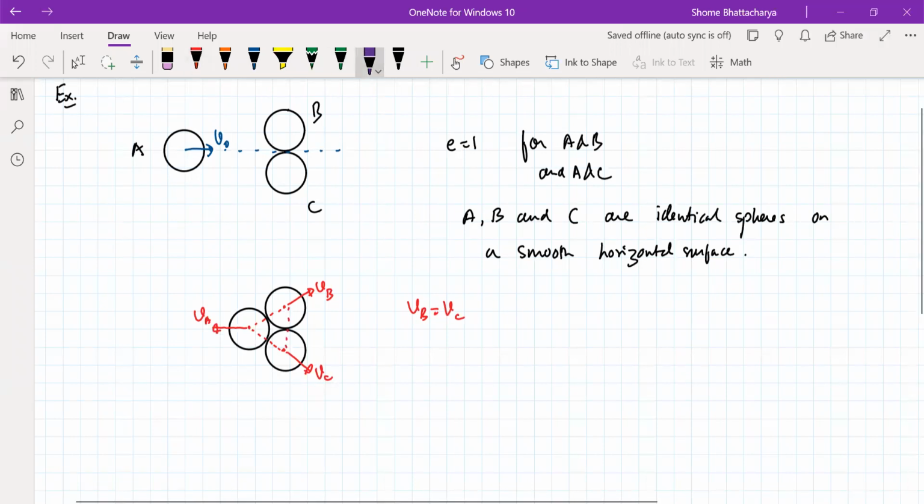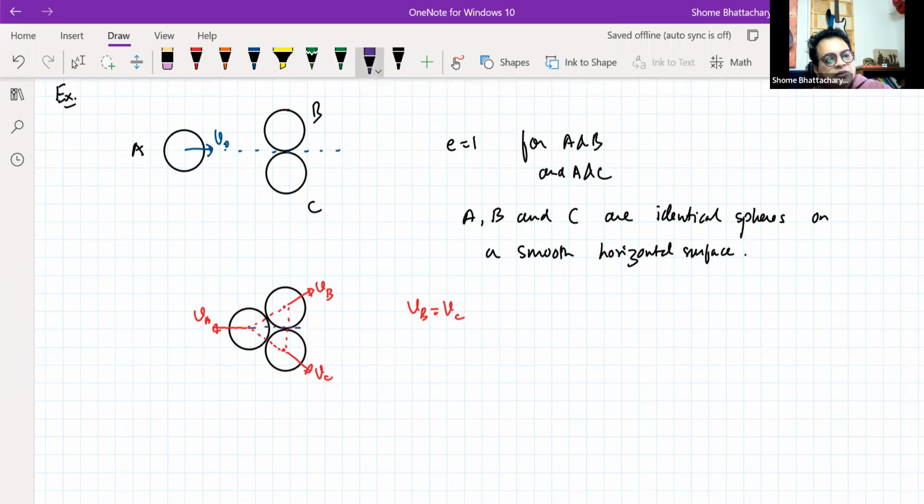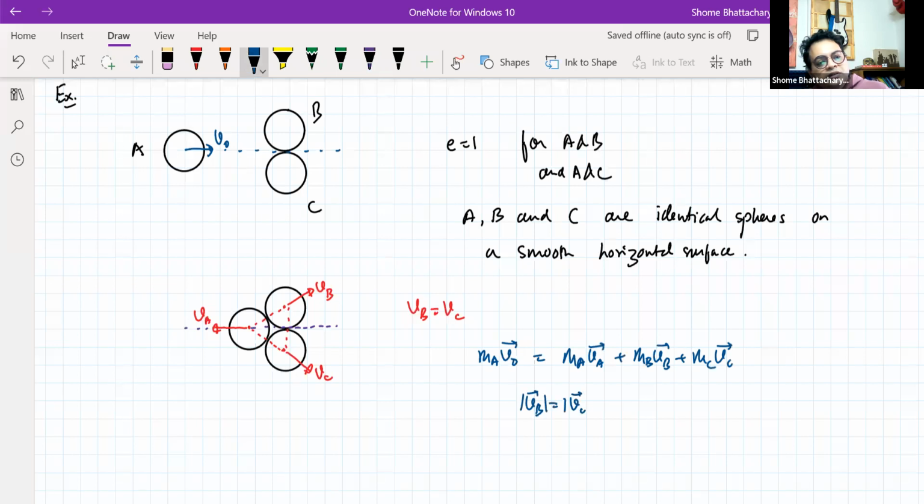Yes, sir. Once we know that symmetry and we already know this angle, we can see what the condition is. The system's momentum has to be conserved first of all. So MA V naught as a vector has to be equal to the vector sum of all these. Let us take mod of VB equal to mod of VC as V2, and mod of VA as V1.